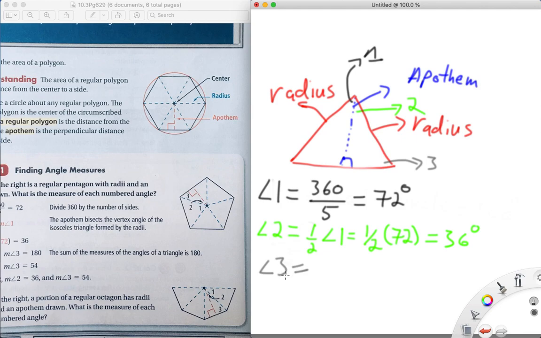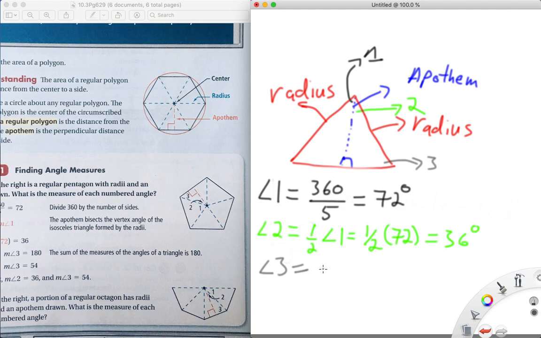And the way that we get angle 3 is that if you notice, this apothem cuts this triangle into 2 smaller triangles. Angle 2 is in one of the triangles. Since it's a perpendicular intersection, we also have another angle in this small triangle, which is 90 degrees. So we have angle 2 plus 90 degrees, and then we can find our angle 3 because we know that the 3 angles inside of a triangle add up to 180.